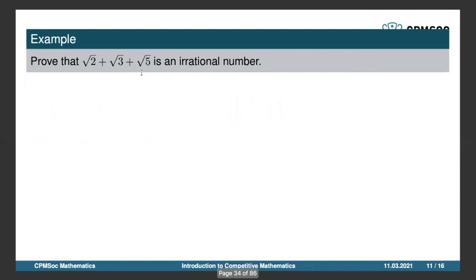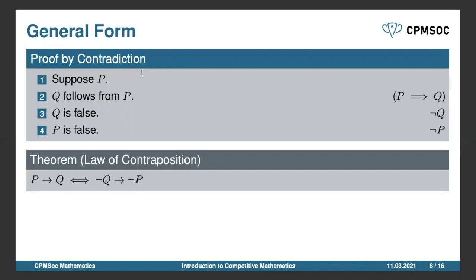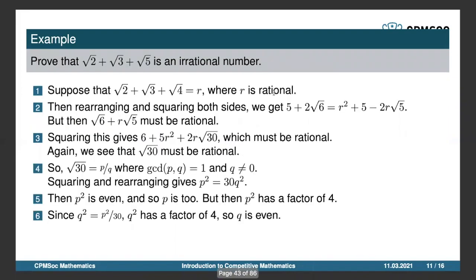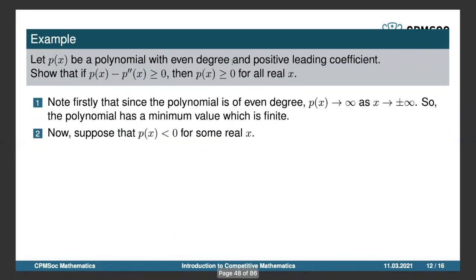We've supposed, and we now want to show some information. That's the next general step, and from there we want to get to some false statement, which we know is false by the setup of the problem. I'll give you 2 minutes to think about that.